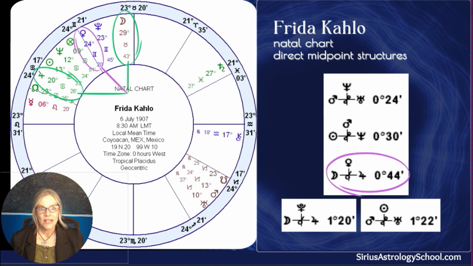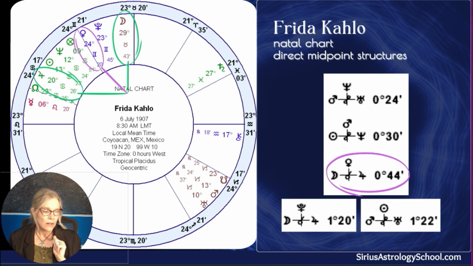And the Venus, Moon, Jupiter, why is this important? Because it's not aspecting each other. If you look at the chart, you might be wondering, why is this important? This is important because the angle from Jupiter to Venus is the same as the angle from Venus to the Moon.